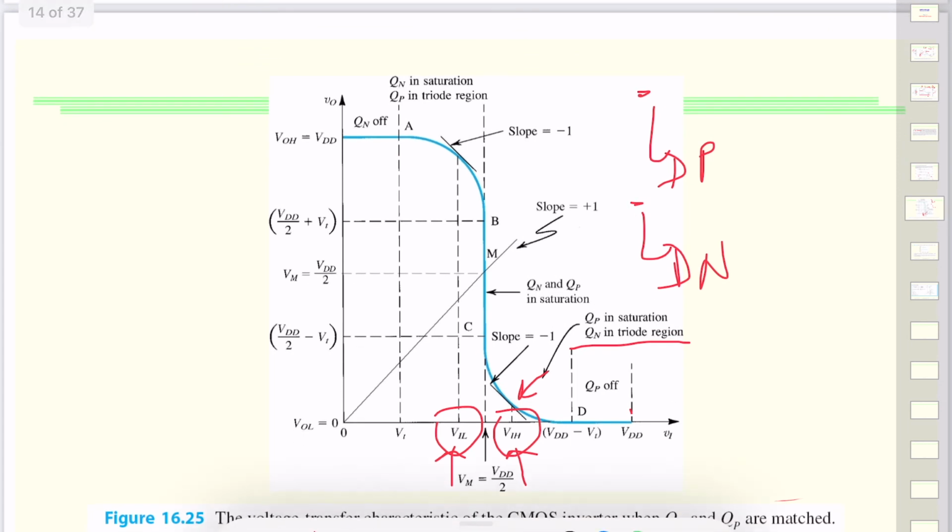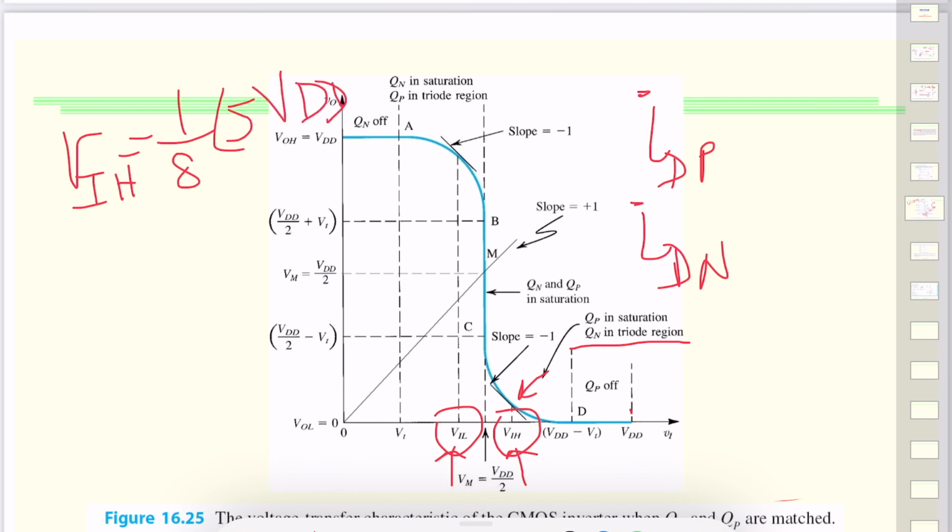So after playing with equating these two equations, we get VIH equals 1/8 times 5 VDD minus 2 VT.